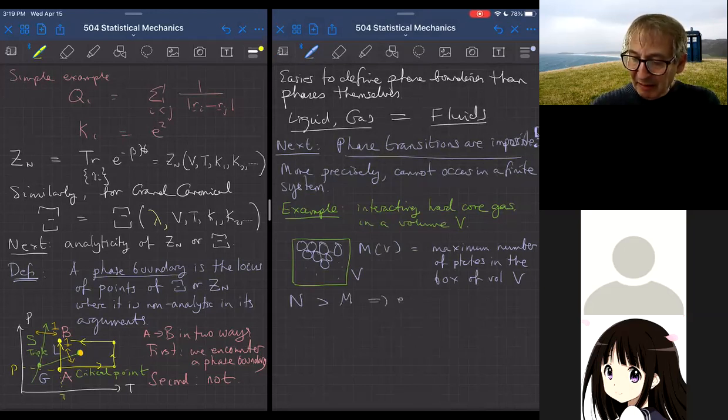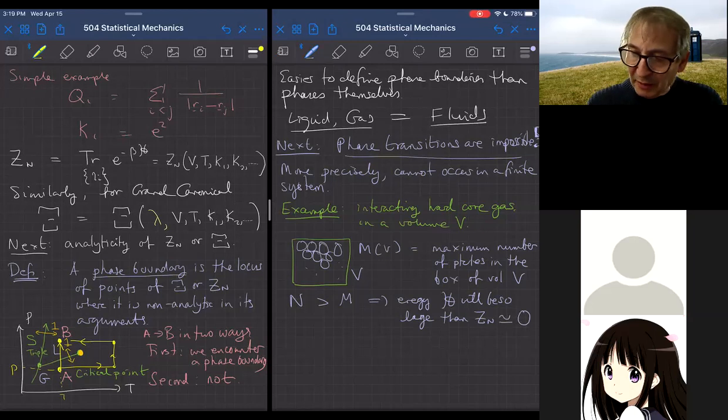That means that the energy will be so high that Z_N will tend to zero, as the hard-core radius repulsion goes to infinity.